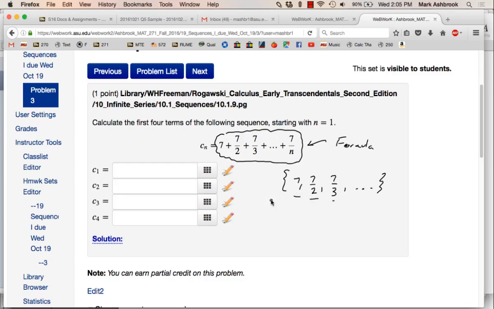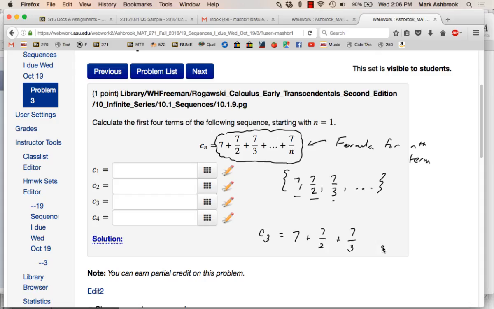So what would C3 be? If this is the formula for the nth term, then this is what you do to get C3, right? So C3 is not 7 over 3. It's this whole thing up till 7 over 3, right? So it's 7 plus 7 over 2 plus 7 over 3.